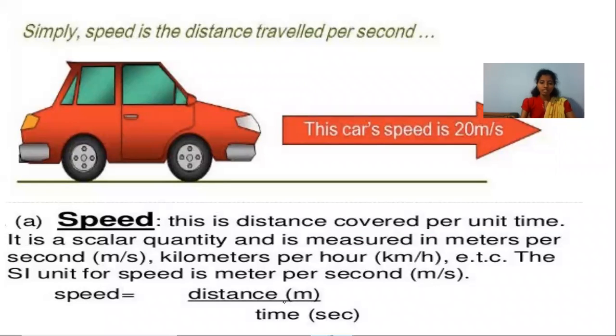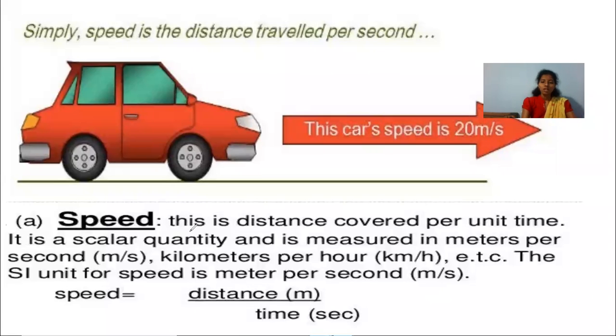See here, just now we discussed speed. This is distance covered per unit time, or we can also say speed is the distance travelled per second, or rate of change of distance with respect to time. So here we are taking the distance travelled per second, or distance covered per unit time.